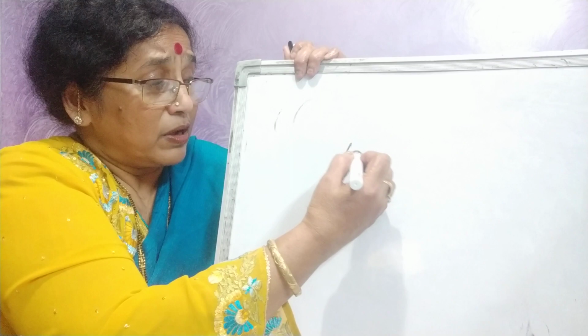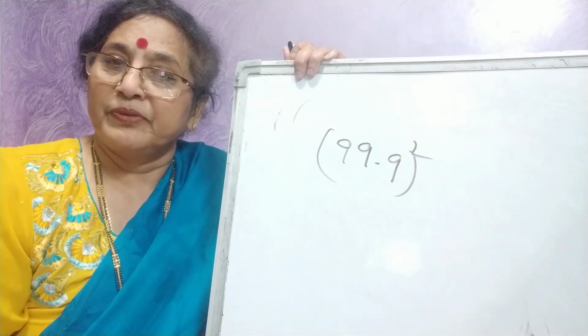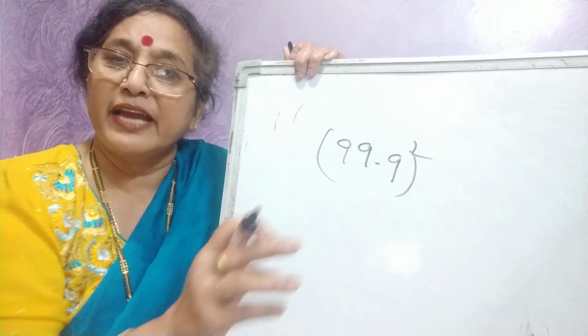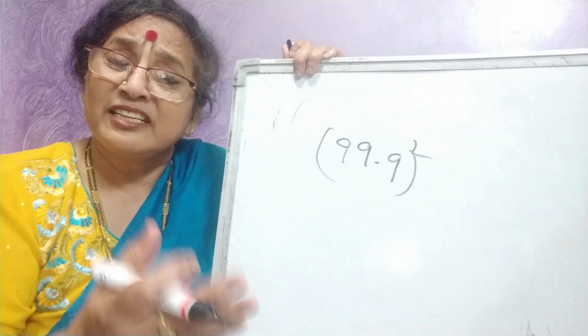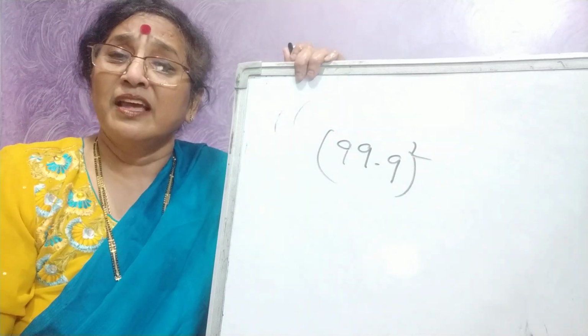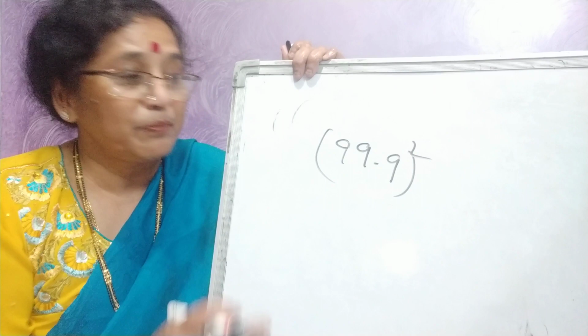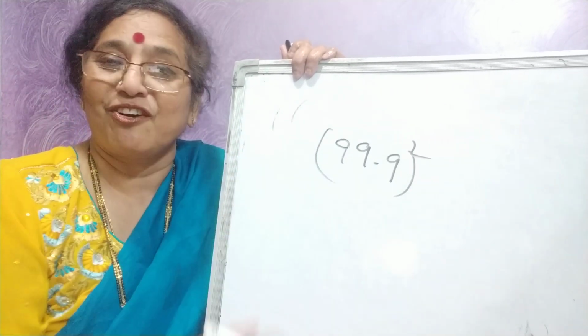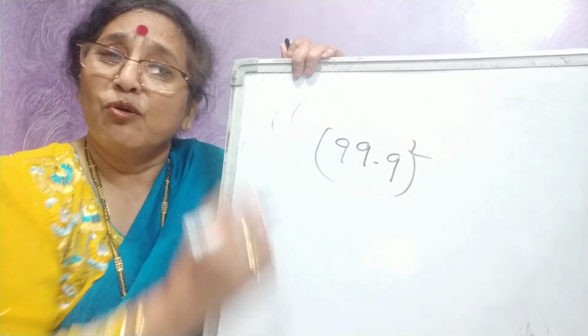Suppose you have 99.9 square. So imagine 99.9 into 99.9. That is why maths is boring, that is why maths is uninteresting, that is why you fear this subject. It is not something you have to be afraid of. It's lovely. It's lovely.